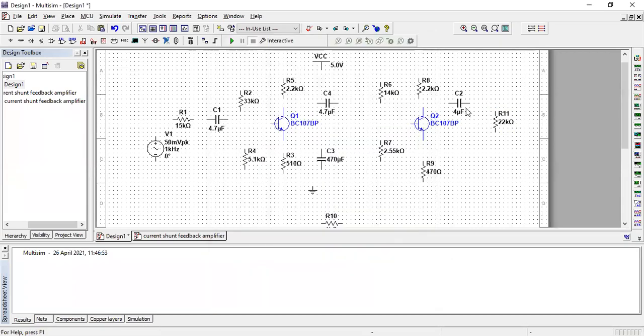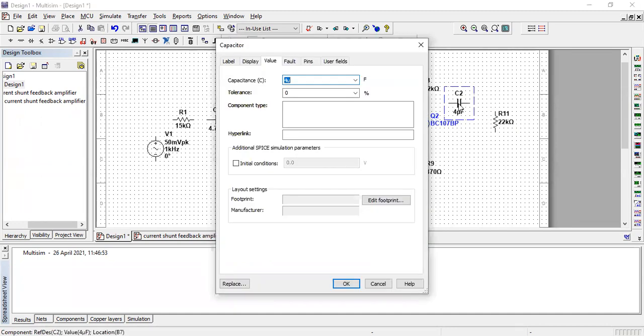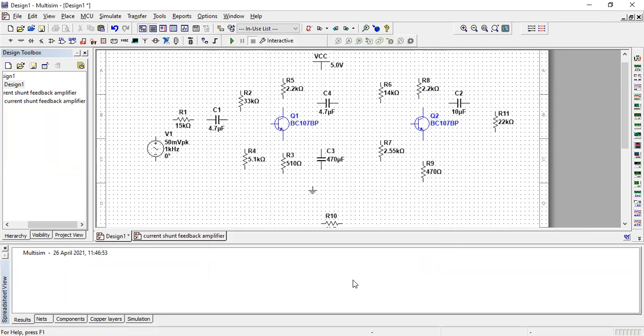What about this capacitance value? Respond and tell me what about that capacitance value? 10 micro. Is it 10? Yes, ma'am. Okay. What about this resistor?